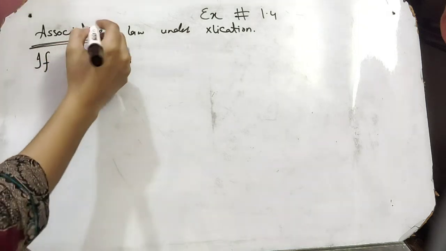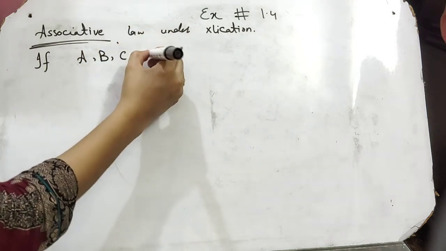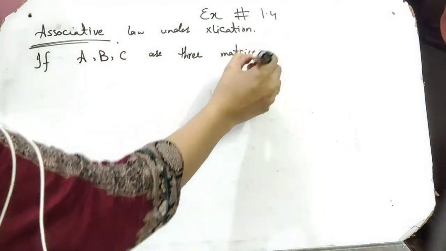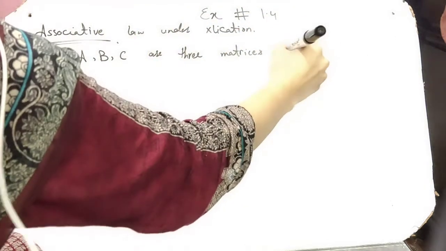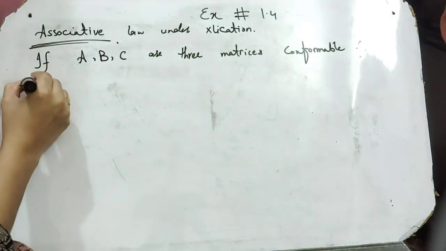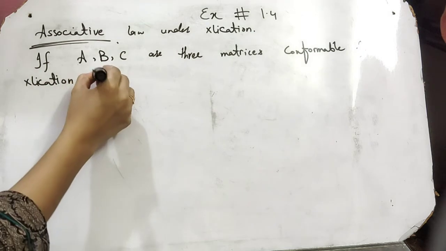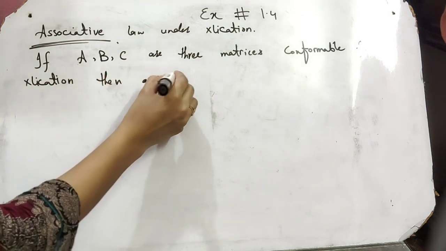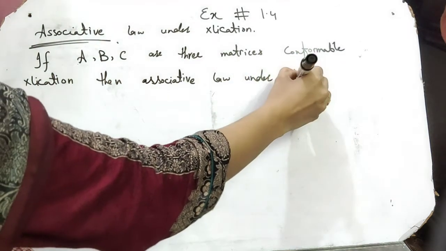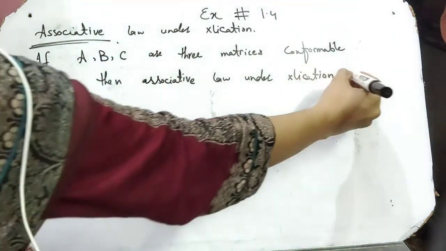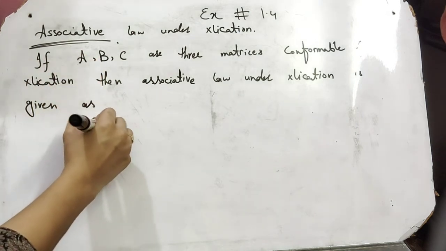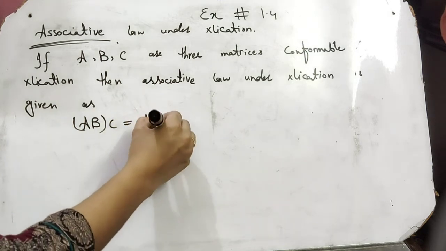The associative law is, if A, B and C are three matrices conformable for multiplication, then associative law under multiplication is given as AB into C is equals to A into BC.